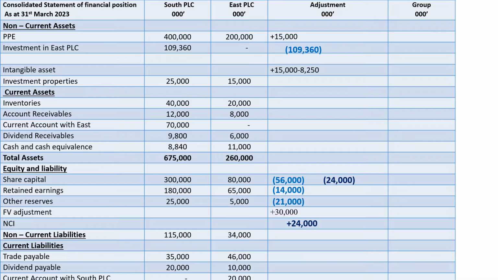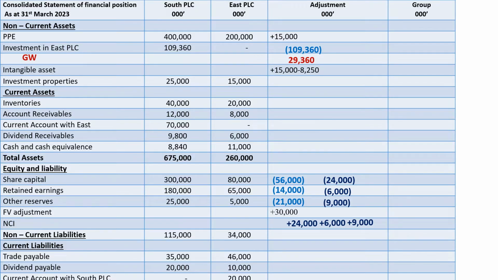Then from the retained earnings, you can remember 20,000 is the pre-acquisition. So out of that, 30% relating to non-controlling interest is 6,000. Then from the fair value adjustment 30,000, 30%, which is 9,000, is relating to the non-controlling interest. Now, we are getting the fair value of the investment.